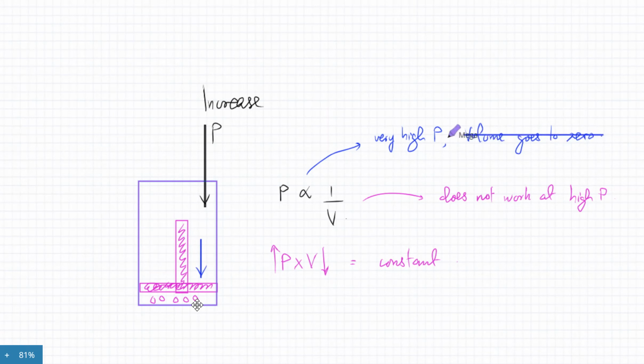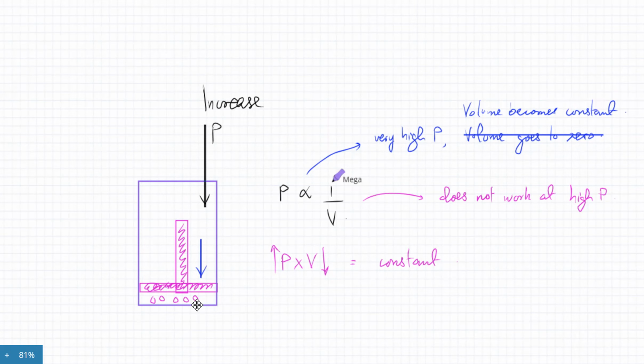The volume actually becomes constant. This happens to every gas. Pressure is inversely proportional to volume, but only to a certain extent.